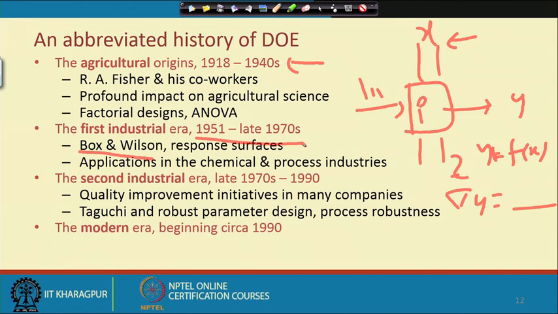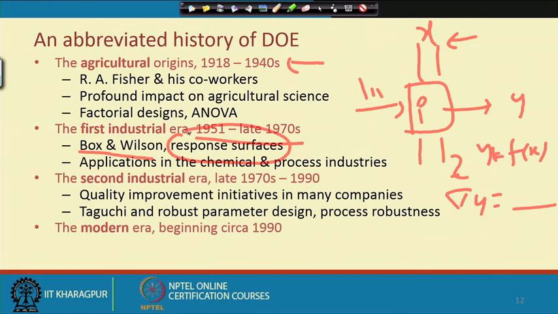One of Box and Wilson's theoretical contributions is the response surface, and we will be knowing response surface in some of the lectures. You will also know factorial design and analysis of variance, and how to do different kinds of analysis using analysis of variance.